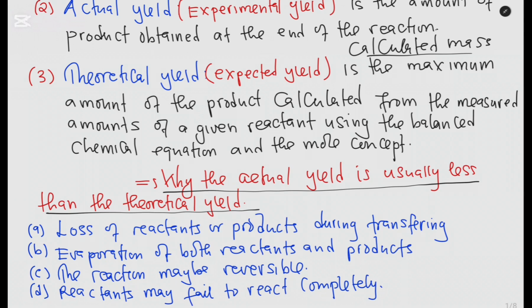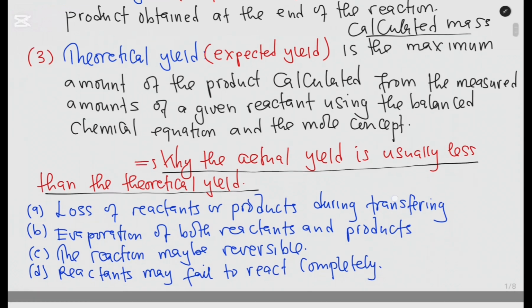Maybe you might find the question, what is the reason why the experimental or actual yield is always less than the theoretical or expected yield? And these are some of the reasons.